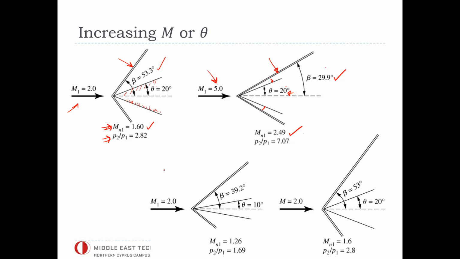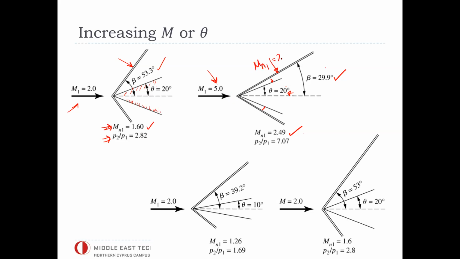That is quite a high normal Mach number to the oblique shock wave, which means that you will have a significantly strong shock wave, although the beta is smaller.